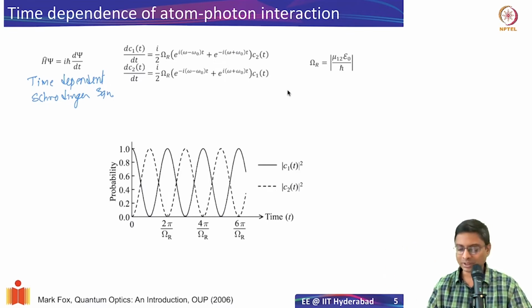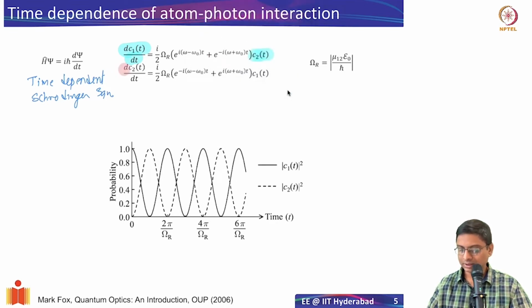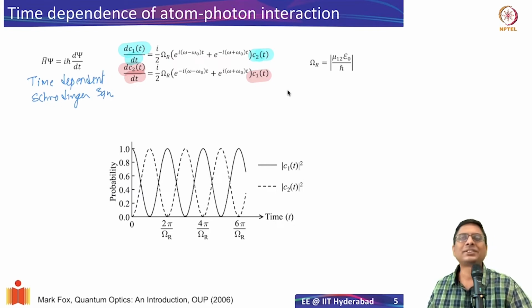The time derivative of the coefficient C1, dC1 by dt, is going to depend on C2, the coefficient 2, and I can also show that dC2 by dt is dependent on C1. So they are cross-coupled systems essentially, and it also makes sense.